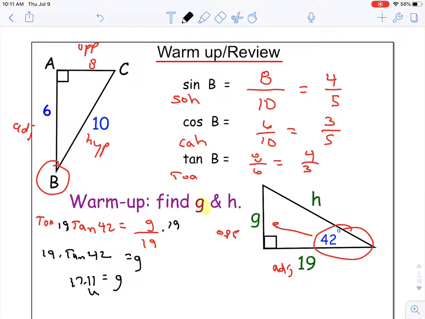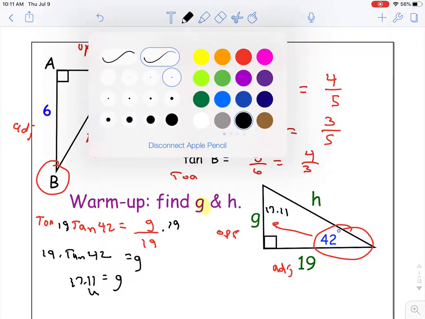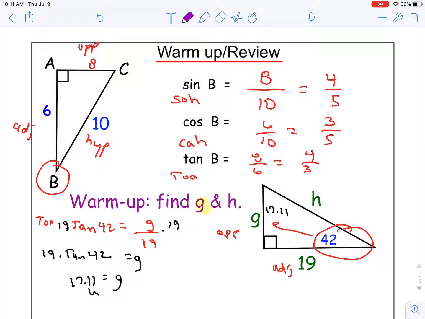17.11 units. Now at this point, I have two options for finding that hypotenuse. Since I know G now is rounded to 17.11, I simply could use that information and use the Pythagorean theorem. But if you use the Pythagorean theorem and your G value is incorrect, you will automatically get the hypotenuse incorrect as well. So sometimes it's helpful to just set up a ratio for H now.